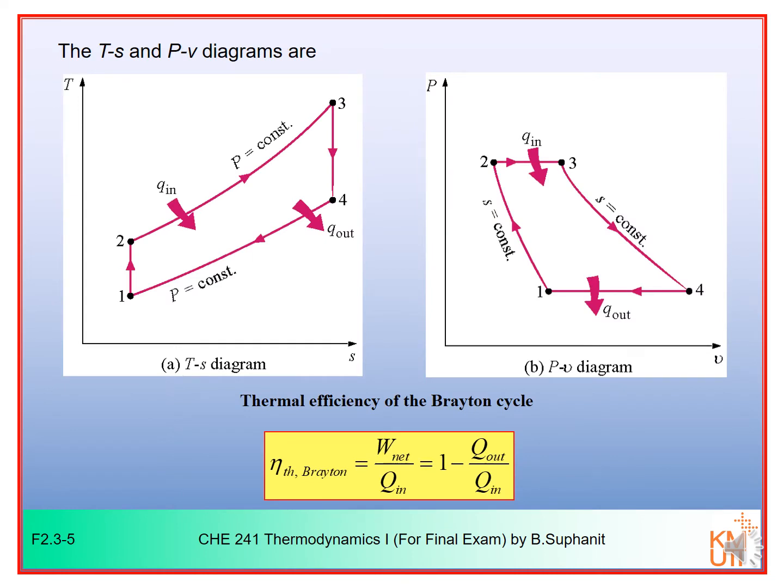Now, let's have a look at this cycle on TS and PV diagrams. You can see that the first step, which is isentropic compression, on the TS diagram, the process will change in a vertical direction from point 1 to point 2. After that, when it undergoes an isobaric heat addition, it will follow a constant pressure line or isobar.